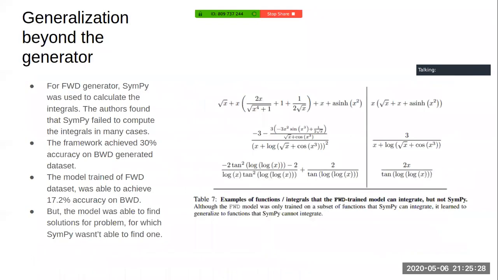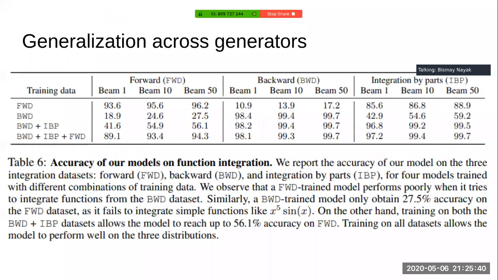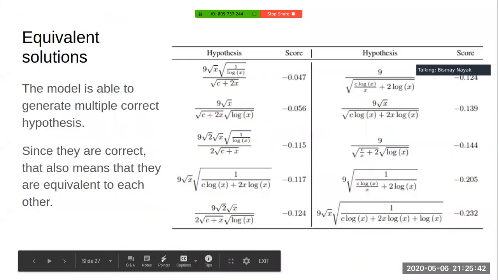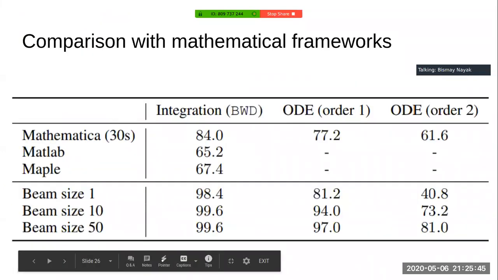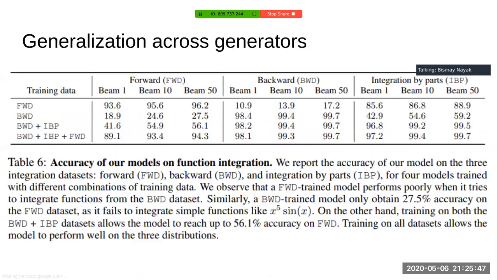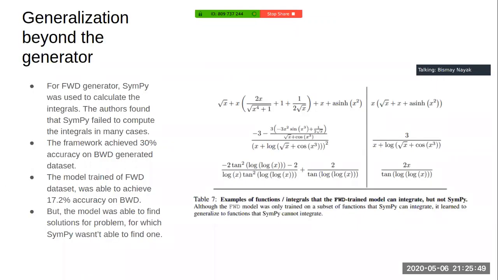Since there was a wide range of hypotheses to choose from, our model would always perform well even if one of these hypotheses failed. But we can see that even with beam size 1, our model was doing pretty well. So that cannot be the sole reason for the good results.